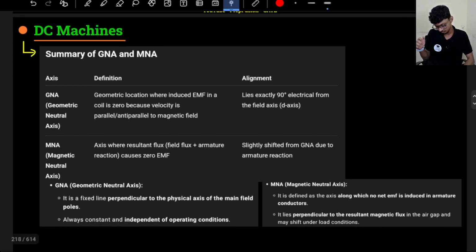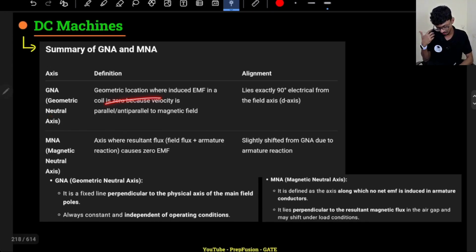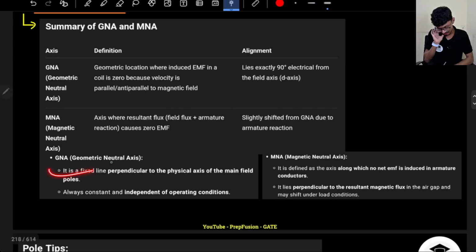GNA is the geometrical location that lies exactly 90 degrees from the field axis. MNA is the axis where the resultant flux, that is the field flux plus the armature reaction, causes zero EMF, slightly shifted from GNA due to armature reaction. So GNA is fixed, MNA shifts. This is a problem. We will discuss what consequences we have.